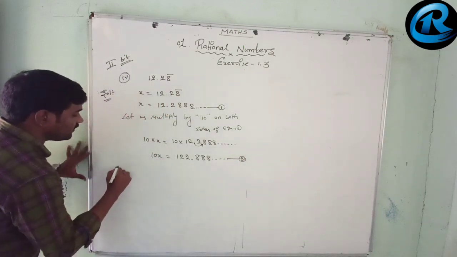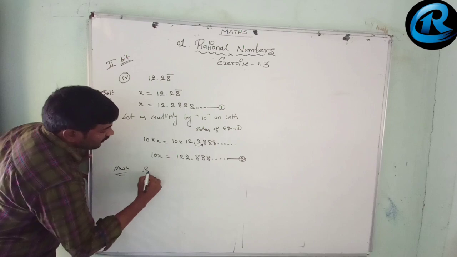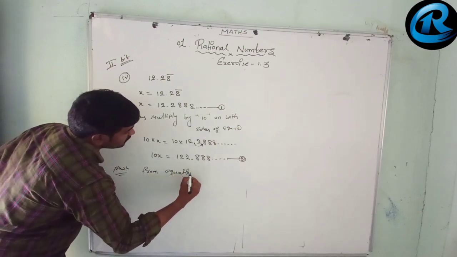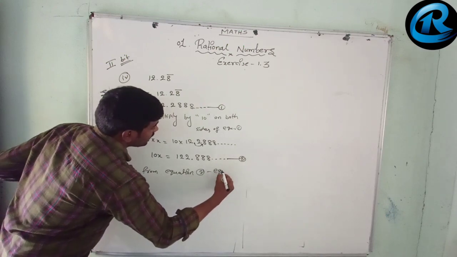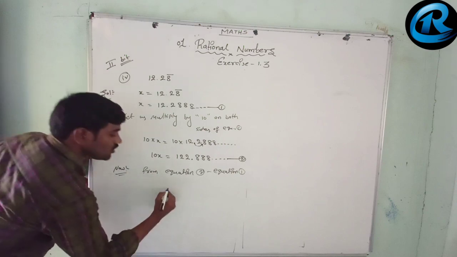Now what do we have to do? You might have got an idea that we have to do equation number 2 minus equation number 1, a subtraction.